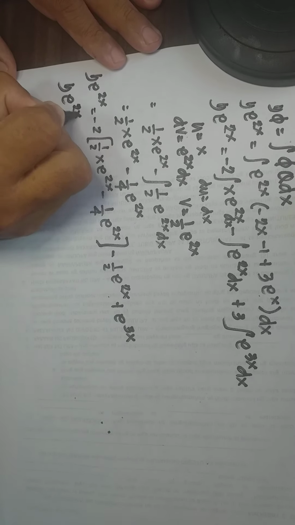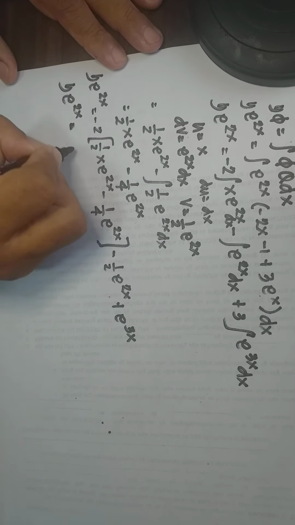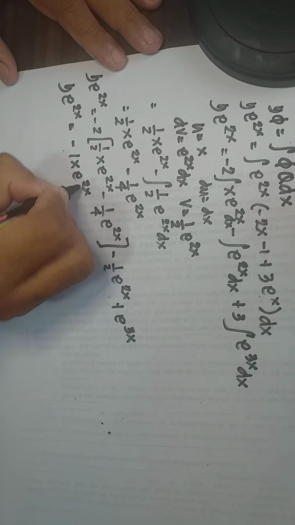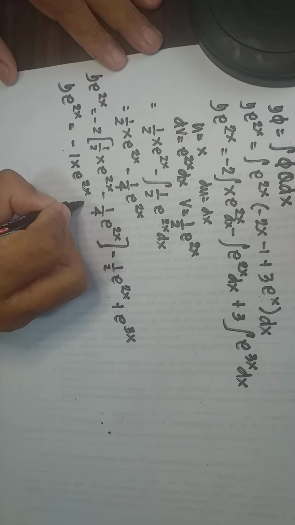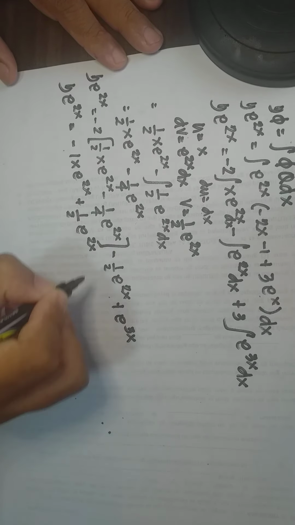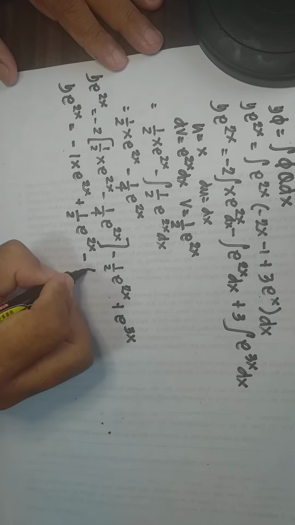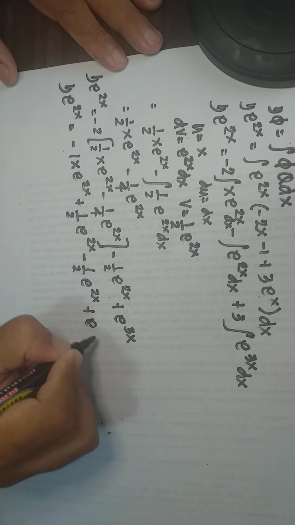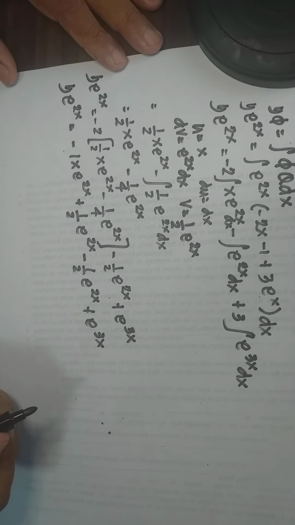So we have y e to the 2x is equal to -1 x e to the 2x plus 1/2 e to the 2x minus 1/2 e to the 2x plus e to the 3x.